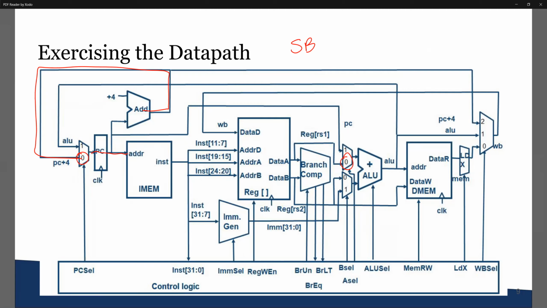The immediate select is S. Okay, so immediate is selected. And which one? S, you said? S. Awesome. What else? And register write enable is 0. Do not write to the reg file.